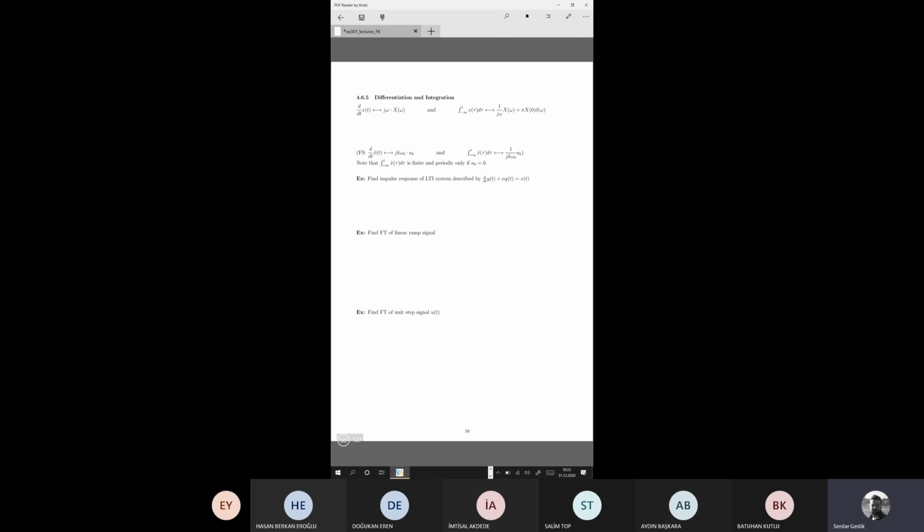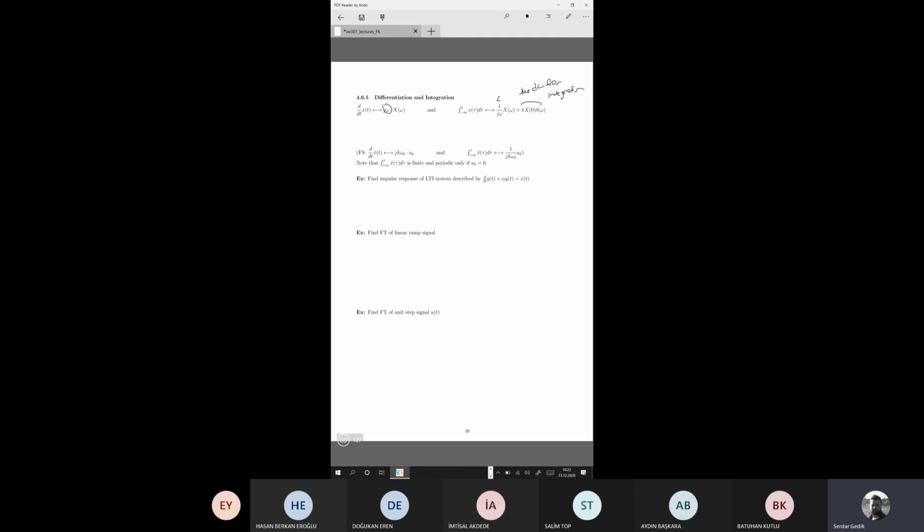If you derive a signal in time, the Fourier transform signal is multiplied with j omega, and if you integrate a signal in time, the Fourier transform signal is multiplied with 1 over j omega, so just the reciprocal of this one, plus some term. But actually this term is nothing but the DC term or the average term that may result from integration.